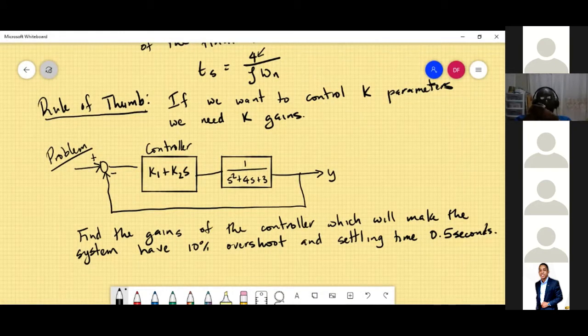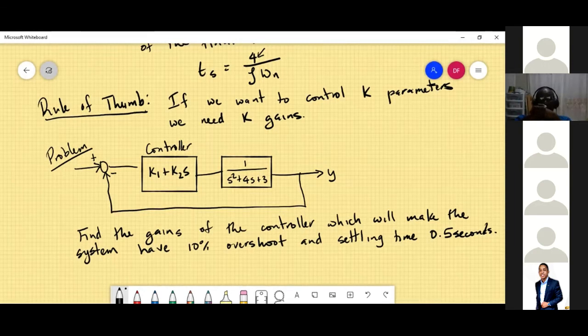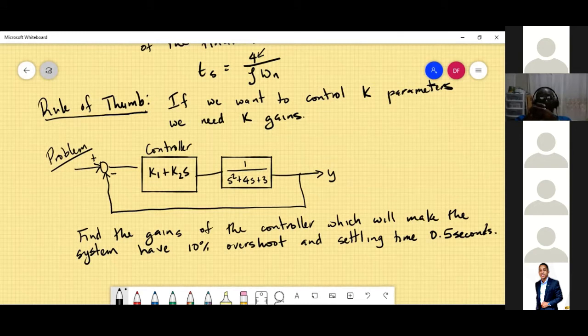That is, we need to find out what values we put in to get the gains to give us 10% overshoot and settling time of half a second. This is what we want, and so we're going to work out the values of K1 and K2 that will give us what we want.